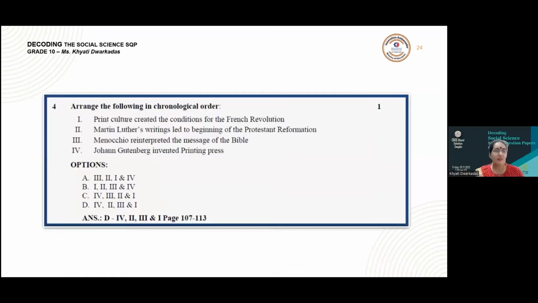Great. Look at this. Now, this is a sequential question that I was talking to you about. It talks about arranging in chronological order, right? This is question 4 now. Here, the child is expected to read all the 4 and pick the correct option from those given below.